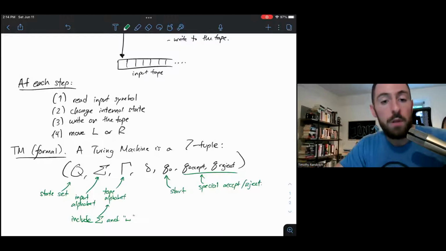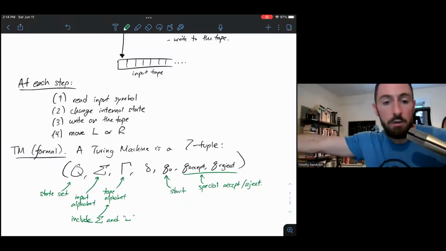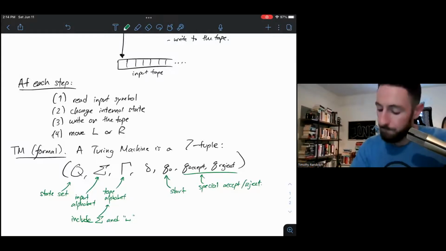Unlike with other automata, we don't know when we're done reading the input. For every other automaton, we considered it as accepting or rejecting once it had read in everything from the input tape. Our Turing machine might change what's on the input tape. It might move backwards and forwards and backwards and forwards. It might move way off to the right, write some more stuff, and move back. So we don't have the end of the input tape as a marker for when we're done computing.